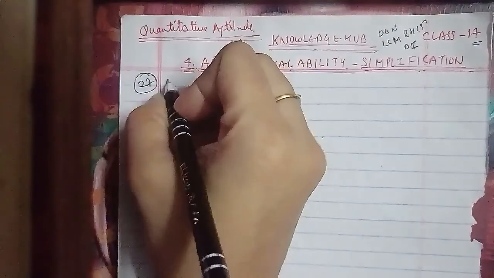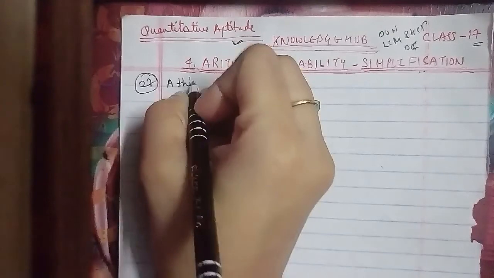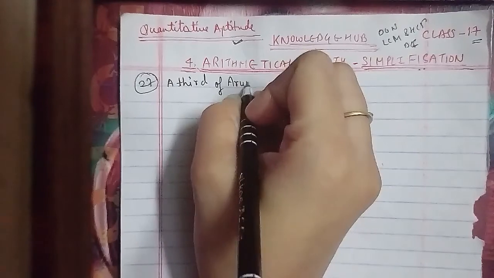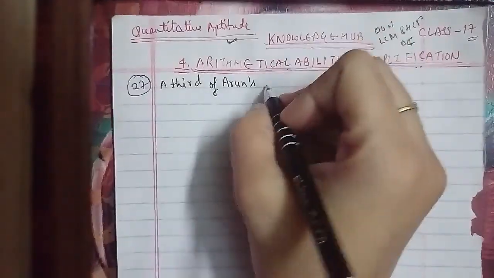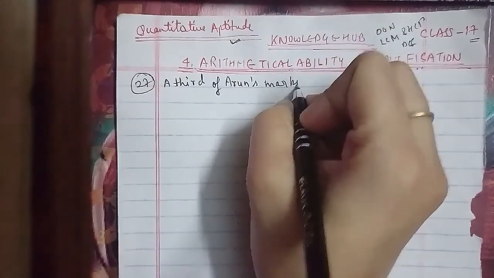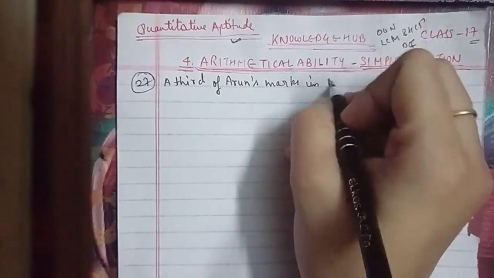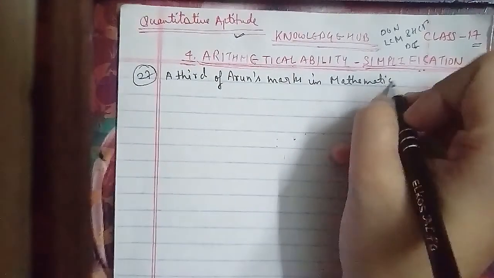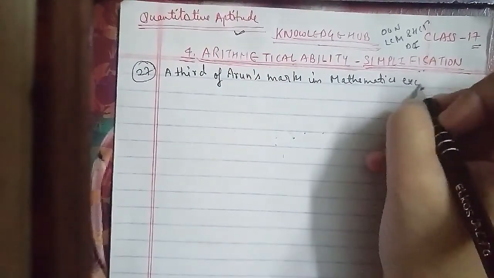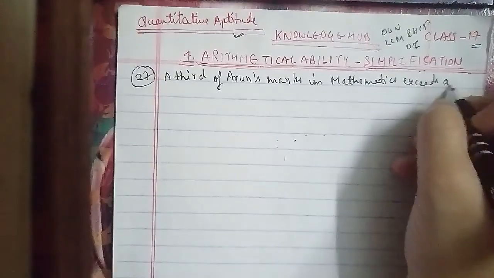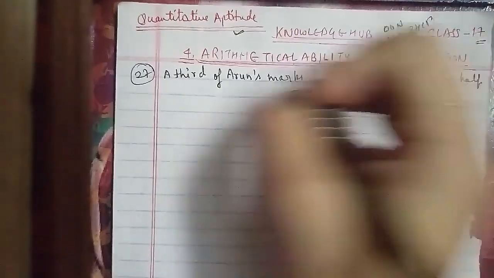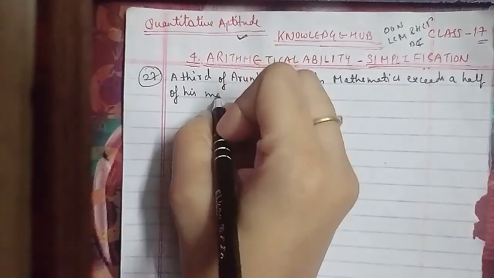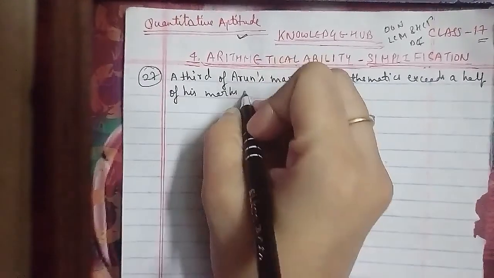A third of Arun's marks in mathematics exceeds a half of his marks in English by 30.